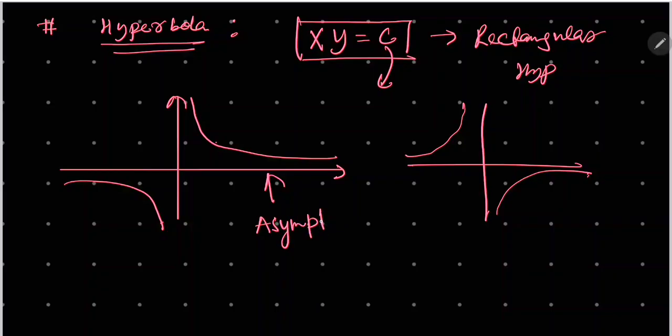These are the lines which will touch the graph at infinity. Again here also there are two asymptotes. So here the x-axis and y-axis become the asymptotes of the hyperbola, and therefore this is the very standard rectangular hyperbola.